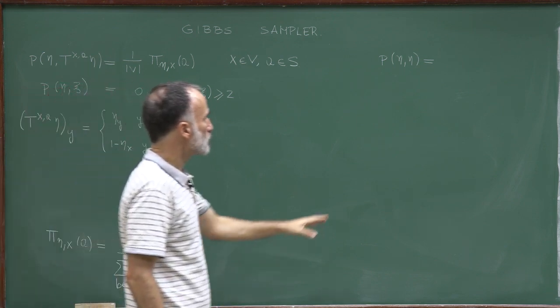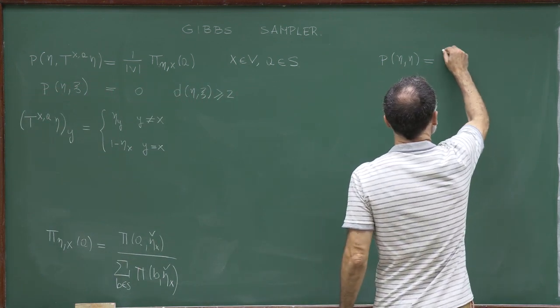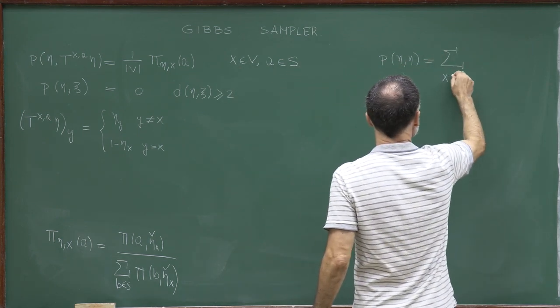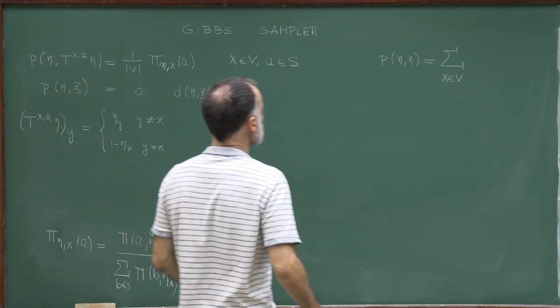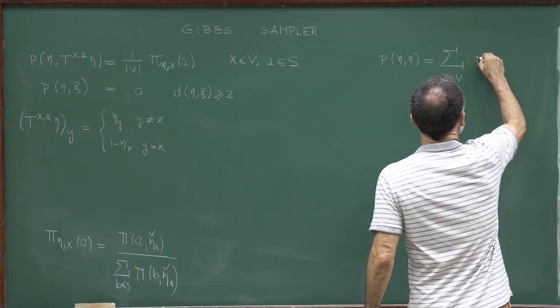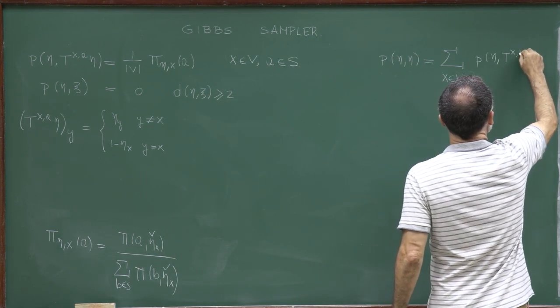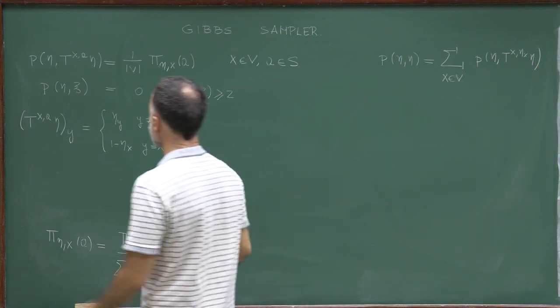So if you want to compute the probability that you jump from eta to eta, what you have to do is to sum over all x in v, and then take the probability that you are jumping from eta to t x eta x of eta.